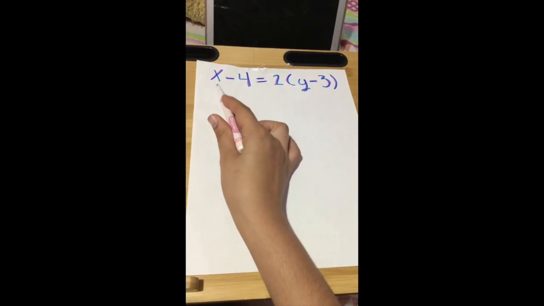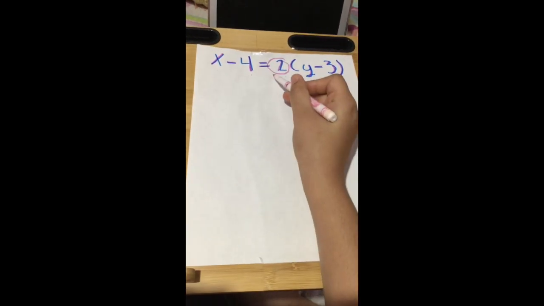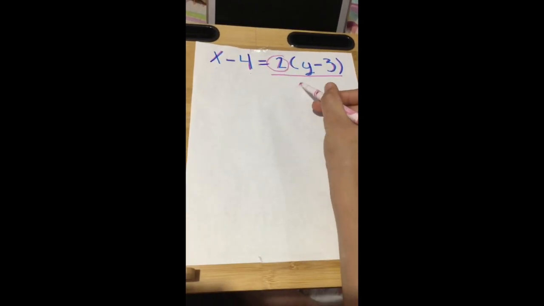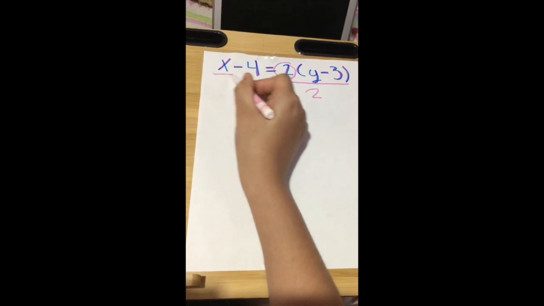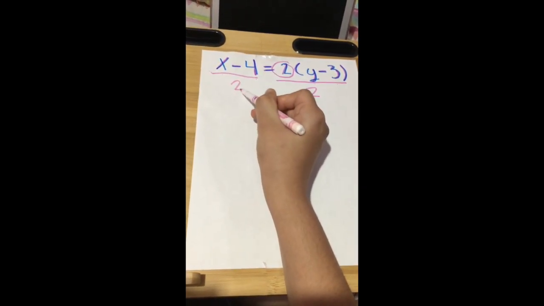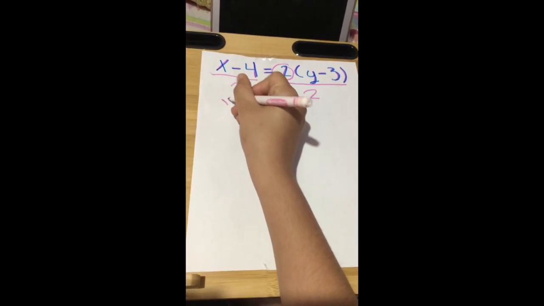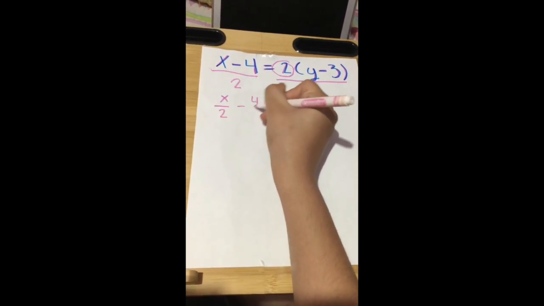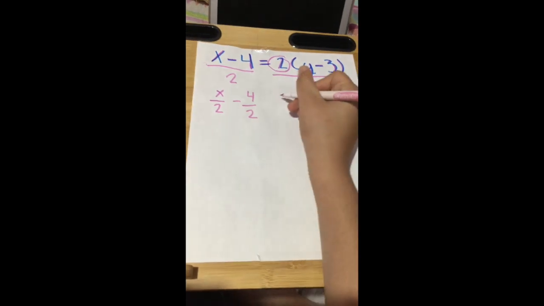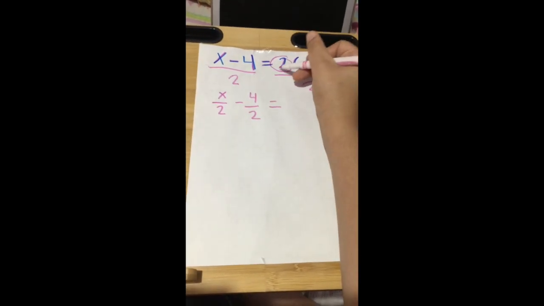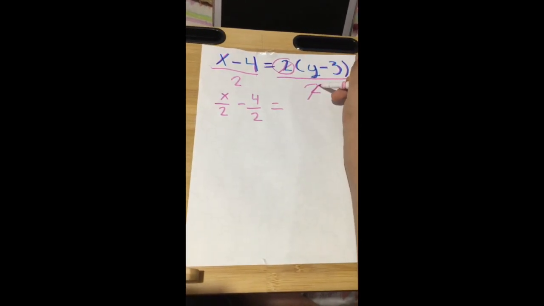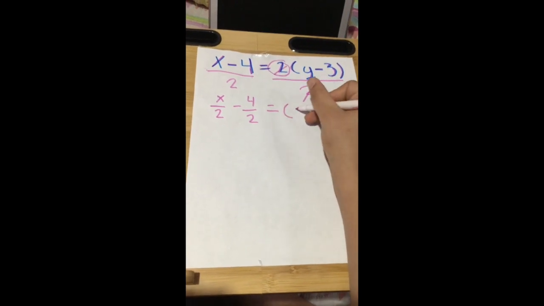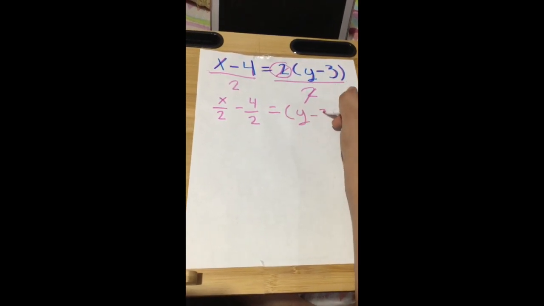To find the slope from this linear function, you have to divide both sides by 2. This is to eliminate the 2 further in the future. So we're going to have x divided by 2 minus 4 divided by 2, which equals, by eliminating both 2's, y minus 3.